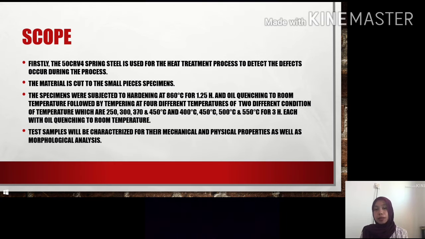The specimens were subjected to hardening at 860 degrees for 1.25 hours and oil quenching to room temperature, followed by tempering under 2 different conditions of temperature, which are 250, 300, 370 and 450 degrees Celsius, and 400, 450, 500 and 550 degrees Celsius, for 3 hours each with oil quenching to room temperature.